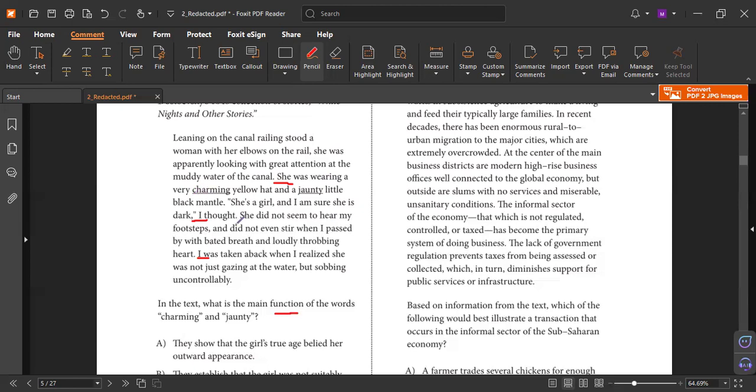But when you go to the other points, you will find something else. She is sobbing, crying uncontrollably. As the narrator says, I realized she was not just gazing at the water, but crying. This is the contrast: wearing something very beautiful and crying at the same time.